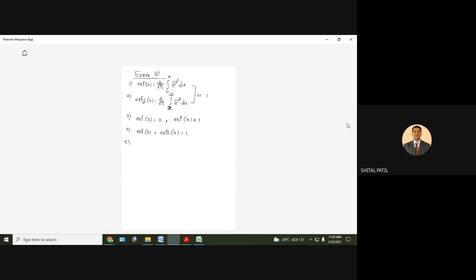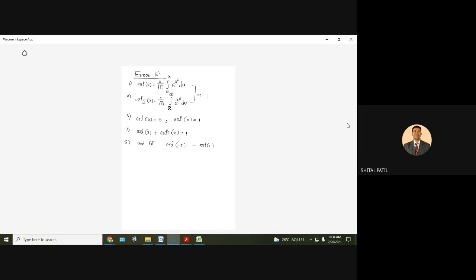Then we studied that error function is an odd function. Means what? Error function of minus x is minus of error function of x. And then we solved few examples on the error function.